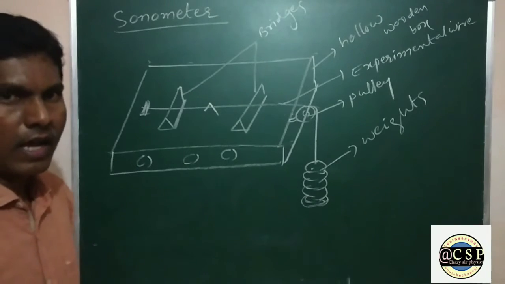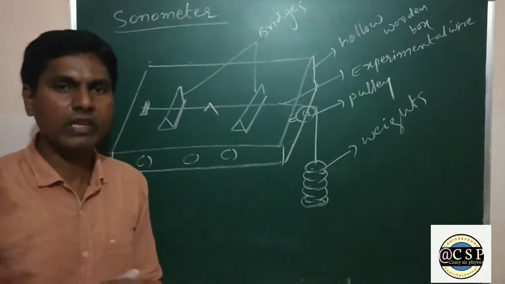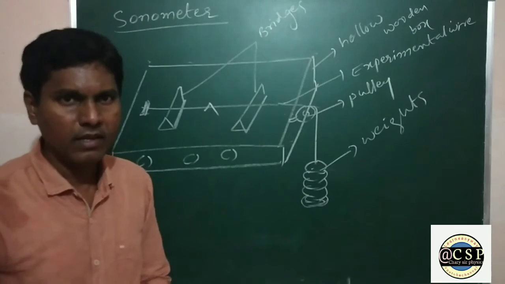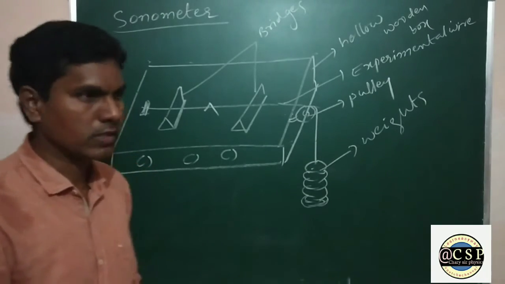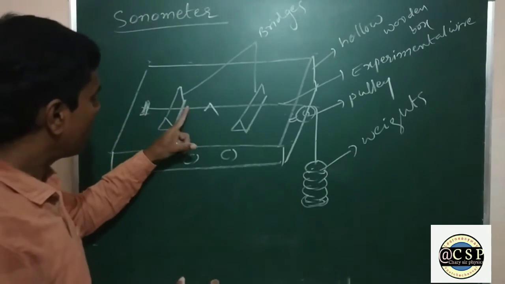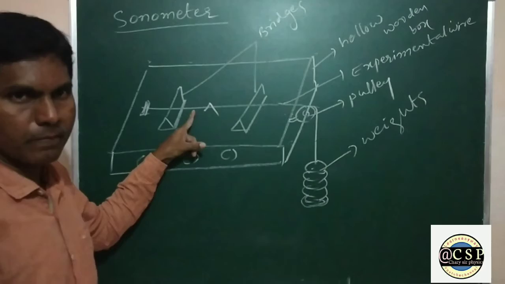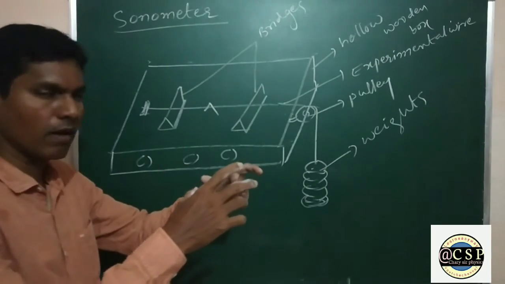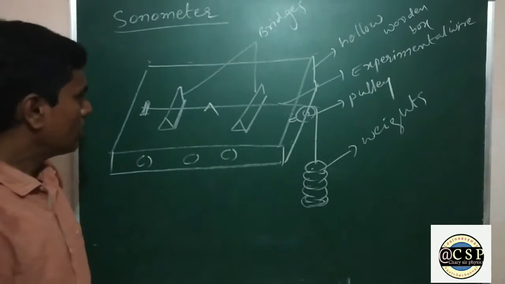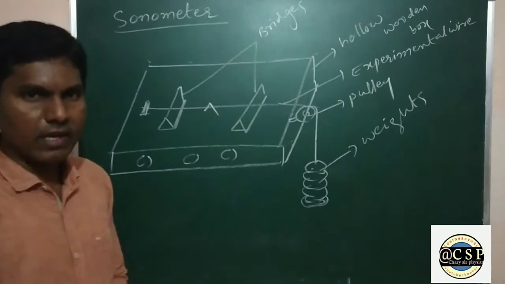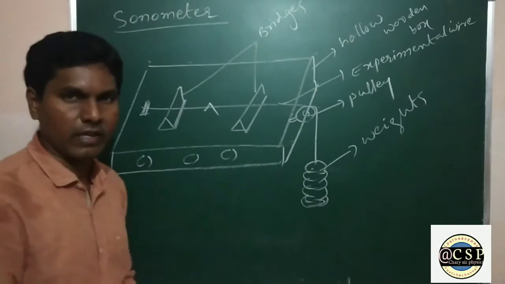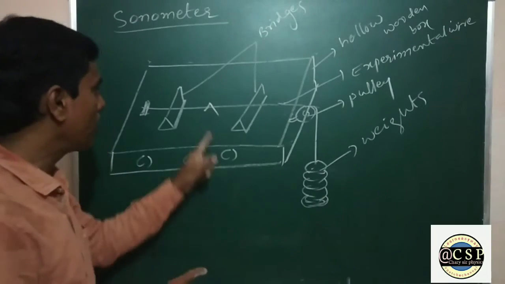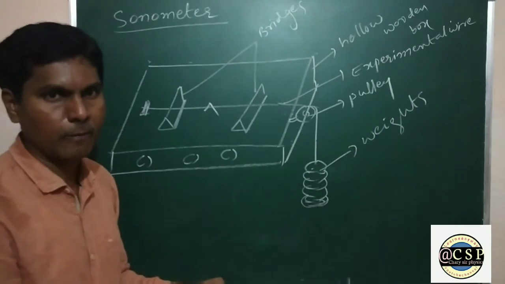Take a tuning fork and make it vibrate with a rubber hammer. Keep the vibrating tuning fork near the string while the two bridges are moved in opposite directions. The vibrations act on the string, hence the string also vibrates, and the paper rider falls down.